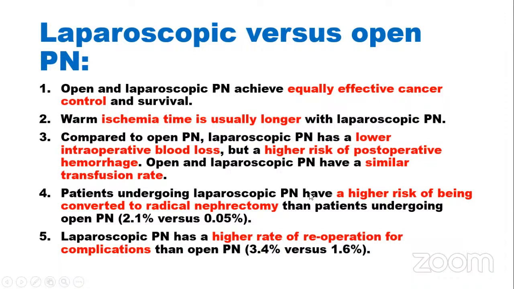Patients undergoing laparoscopic partial nephrectomy have a higher risk of being converted to radical nephrectomy than patients undergoing open partial nephrectomy. The rate is 22.1% to 0.05%. Laparoscopic partial nephrectomy has a higher rate of re-operation for complications than open partial nephrectomy, 3.4 versus 1.6%.